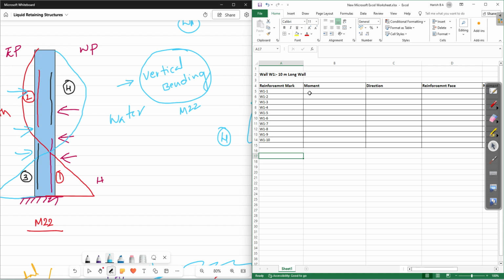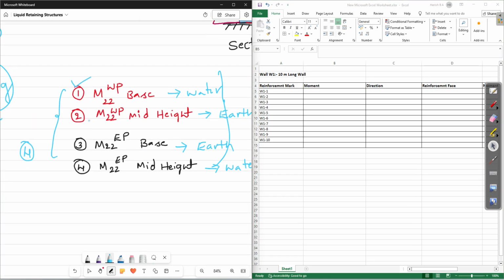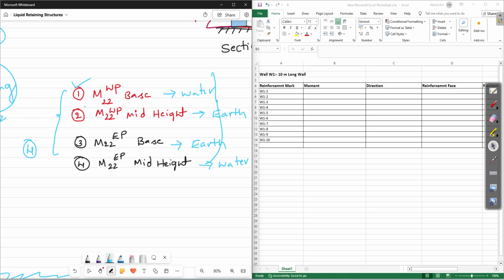Okay, next moment. So one will be, if you go to the whiteboard, which moment? M22. This is because of water pressure at the base. Okay. So direction. So this is M22 bending. Direction means vertical.